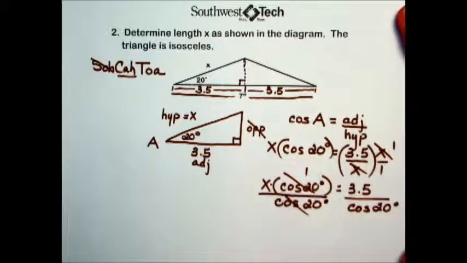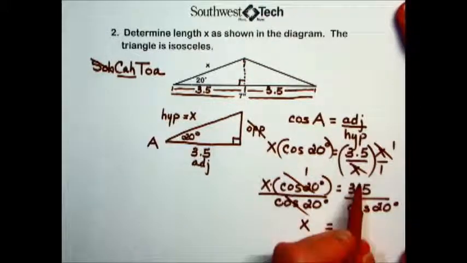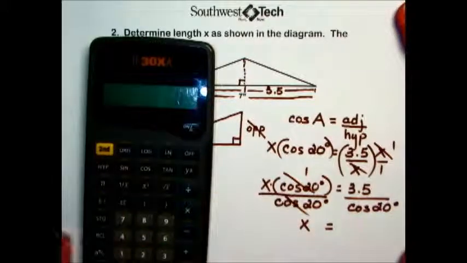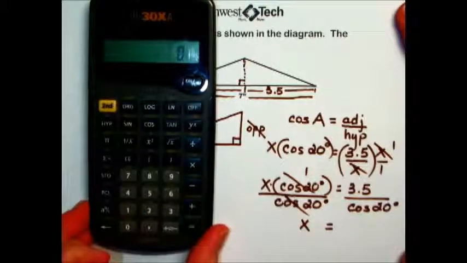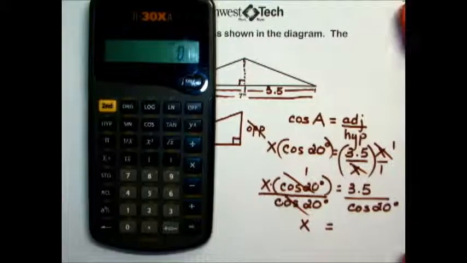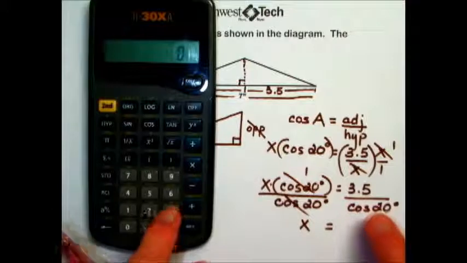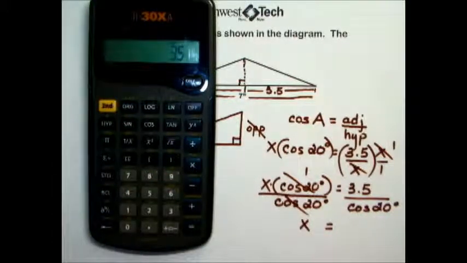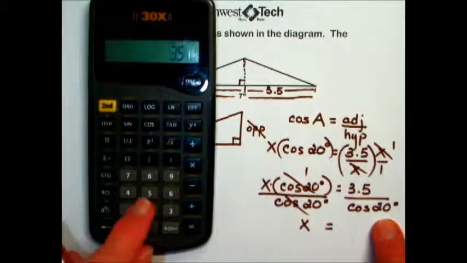And now we're ready to use our calculator to determine the value of this fraction or division problem that's left. I have a traditional scientific calculator. To simplify this expression, we'll start with the numerator value, 3.5 divided by, and as I said, this is a traditional scientific calculator, so I next need to start by putting the angle measurement in and then striking the cosine key.